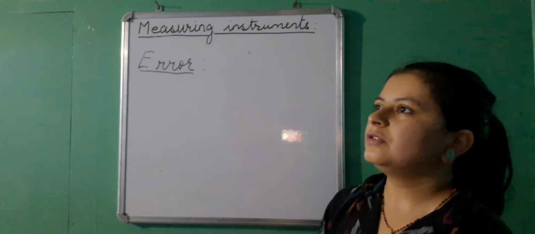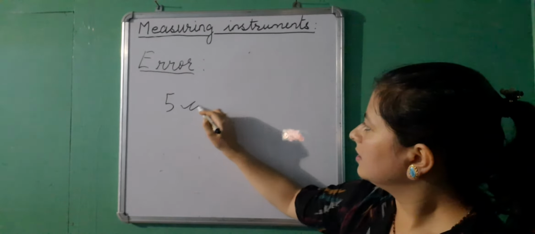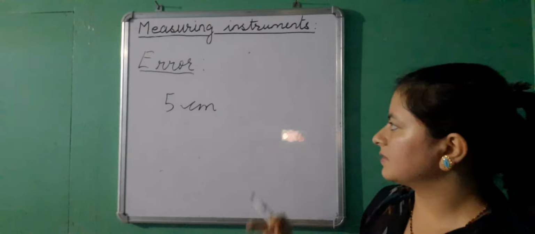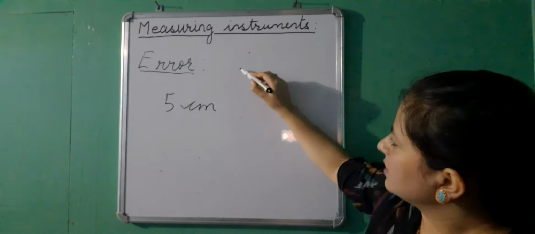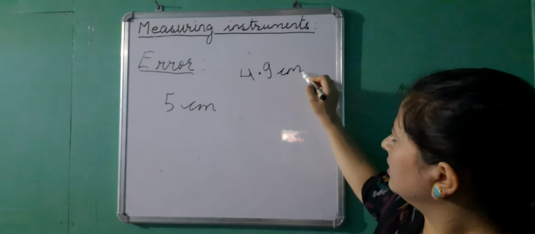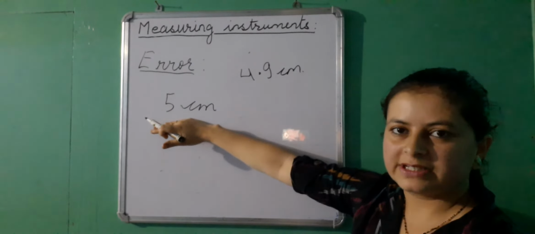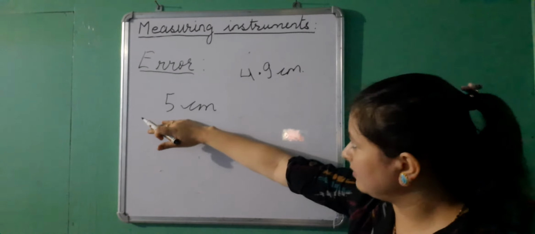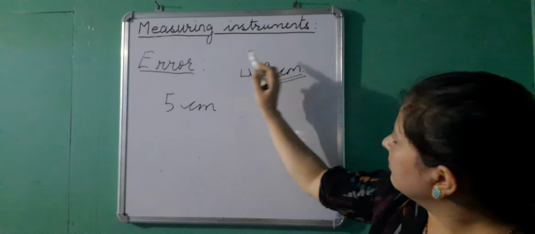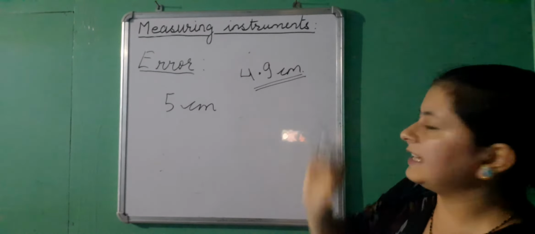The actual value of the length of an object may be 5 centimeter, but due to a faulty instrument or a mistake of the person who is taking the observation, it might just come out to be 4.9 centimeter, but it was supposed to come as 5 centimeter.